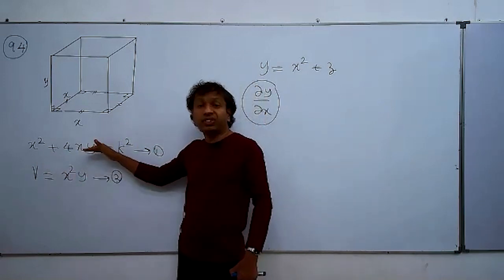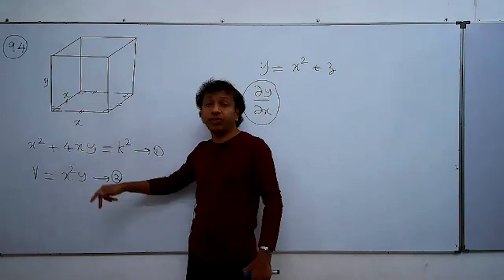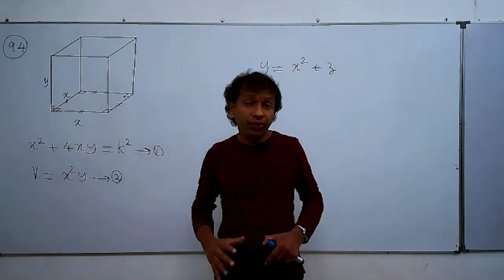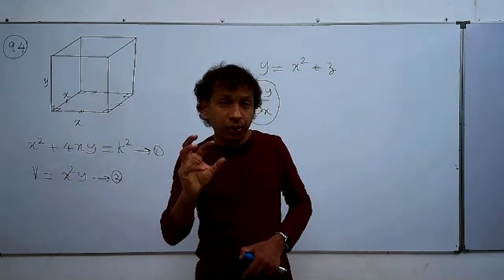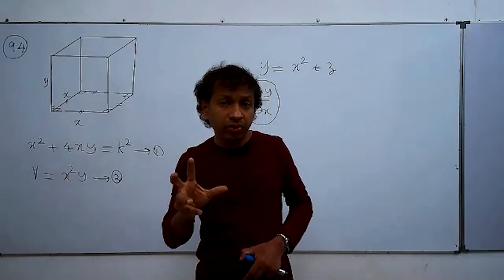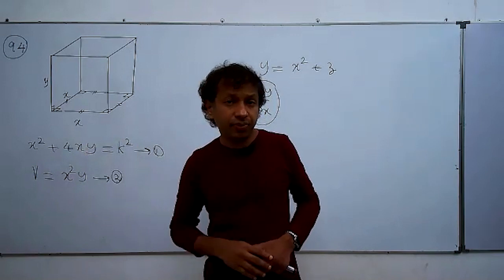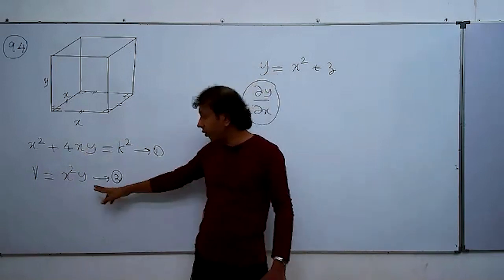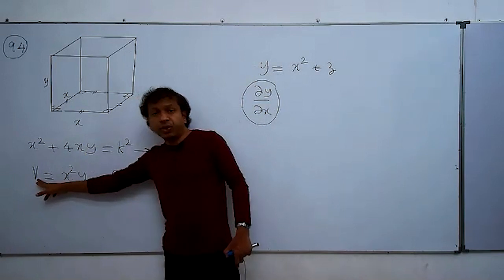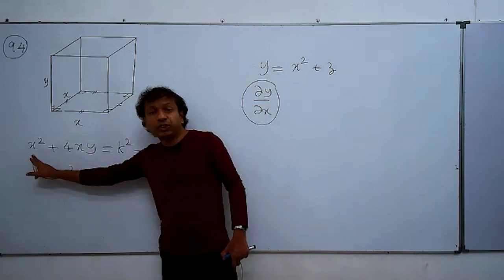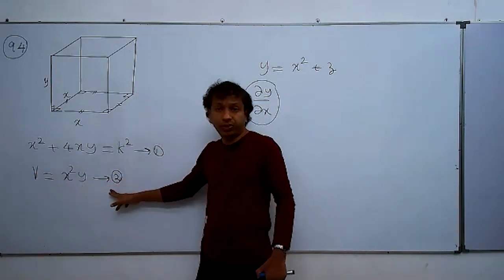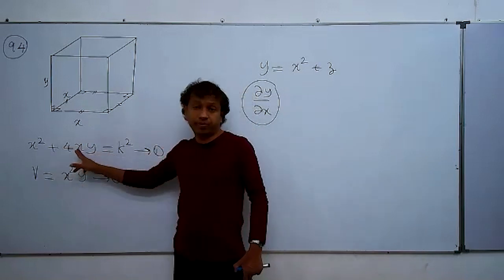This equation is known as the constraint equation. Constraint equation means the two variables vary subject to that equation only. This is the objective equation. Objective means our object is to maximize this. This is the constraint equation.